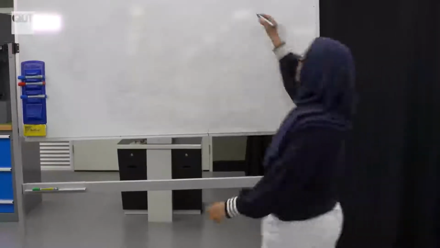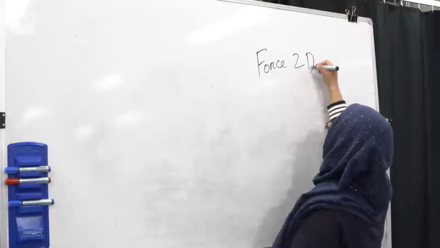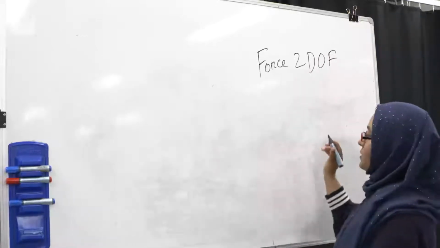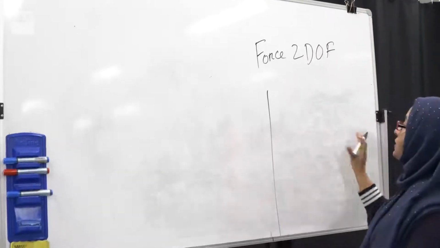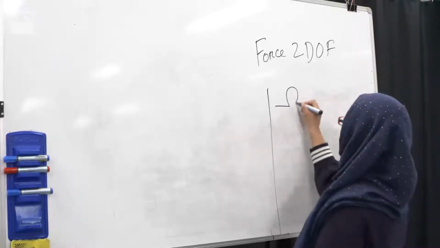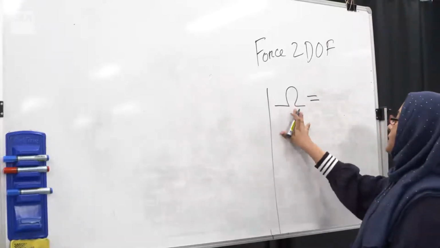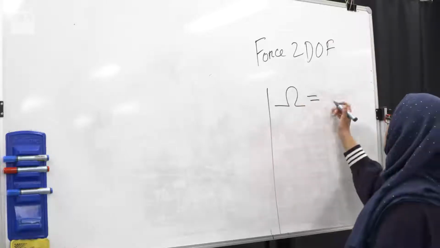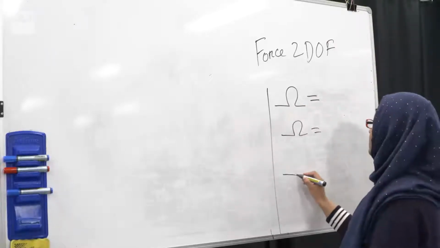All right. So, for the forced 2 degree of freedom system, we will just consider the same concept that we considered for the forced single degree of freedom system. We will consider capital omega, which is the external force or excitation frequency, for 3 different values.